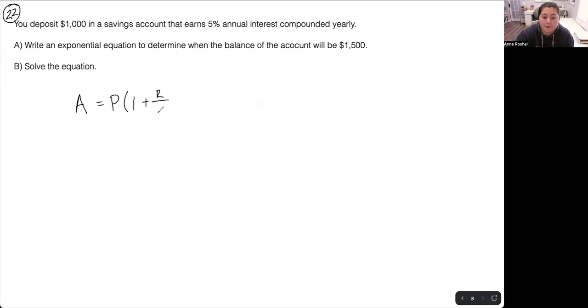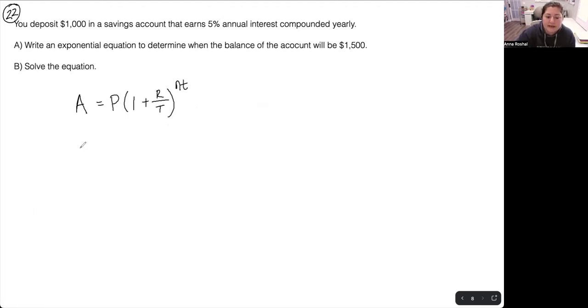So my rate over how often it is compounded, the number of times that it's compounded. Sometimes these letters change depending on who your teacher is or what book you're using, but generally it's the same thing. And then the exponent will be how many times it's been compounded times the time.